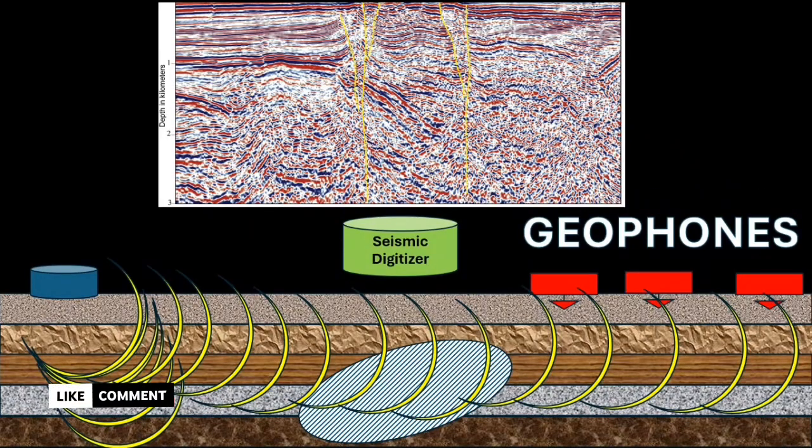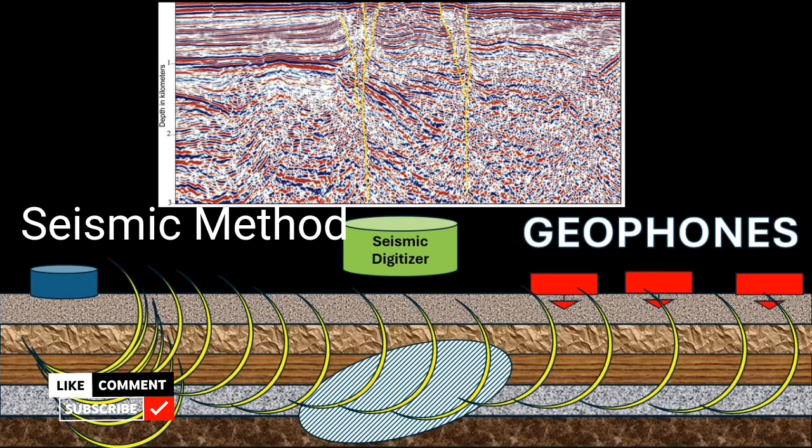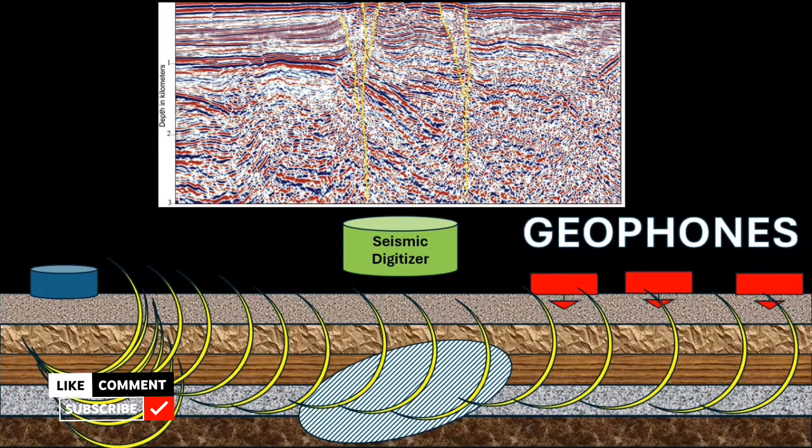Coming to the other method, the seismic method, we detect buried bodies using seismic waves and geophones, which act as receivers, and the seismic digitizer collects the signal from the geophone, processes it, and gives you the graph. This is generally used for most oil and gas exploration, for studying the different layers of the earth, and also for hydrocarbons.